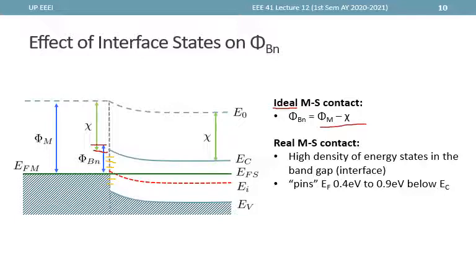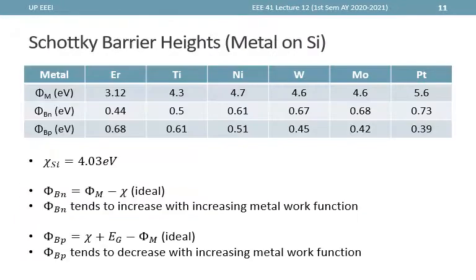So for our ideal MS contact, given that we know the work function of the metal and the affinity of the semiconductor, we can predict the barrier height, but actually that is not strictly followed when we create actual Schottky diodes. Now let's look at some Schottky barrier heights for some metal on silicon interface or MS contact.